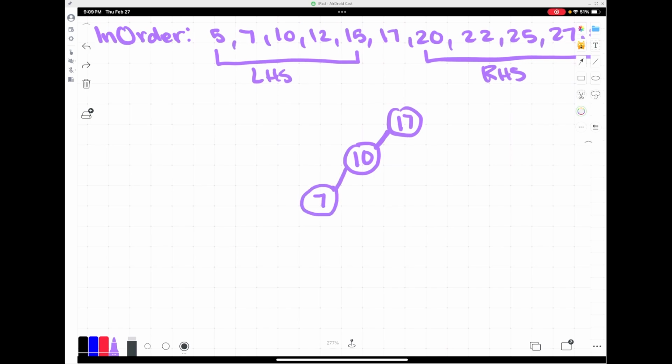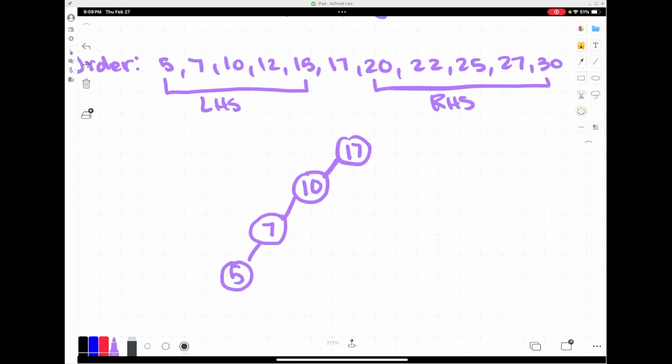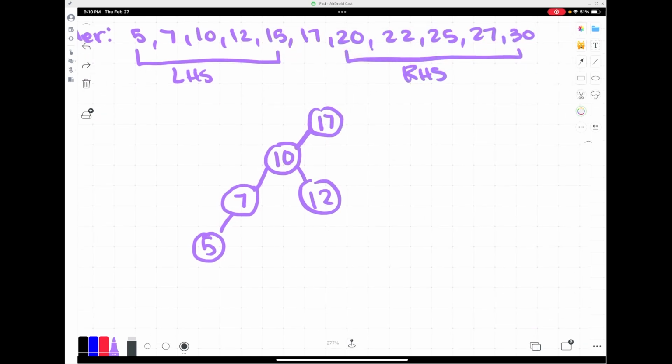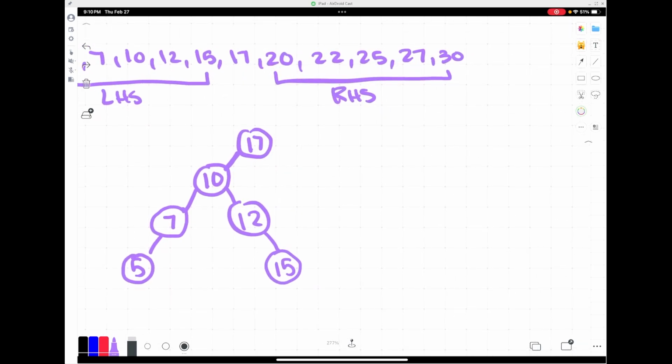And then we have 5 that's less than 7. Perfect. So now we can go back to 10 and ask, what's greater than 10? We have 12 and 15, but because 12 is closer to the middle of the left-hand side list, we do 12. And then we have 15 that's going to be over here. So this is our left-hand side.